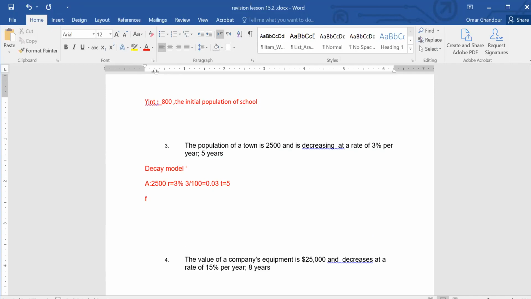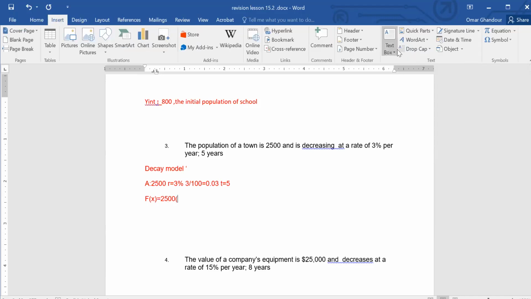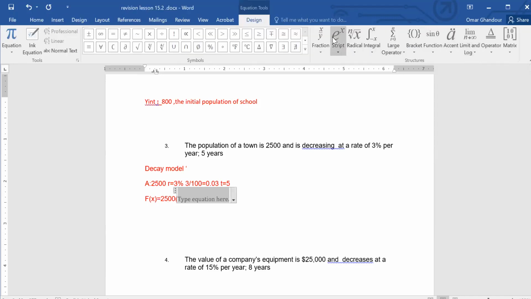So f of x is going to be A, which is 2,500, multiplied by 1 plus R, no, not plus. We are talking about decay. Take care, you wrote here decay model, not to forget.